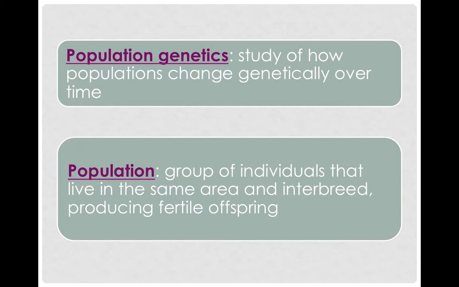In this case, we're defining a population as a group of individuals that live in the same general area and can interbreed to produce fertile offspring. So a bunch of dogs, a bunch of gophers, a bunch of squirrels, a bunch of humans. What is not an example is anything that might live in the same area but can't breed to produce fertile offspring. A cat and a dog are different species and therefore different populations, even if they inhabit the same area.